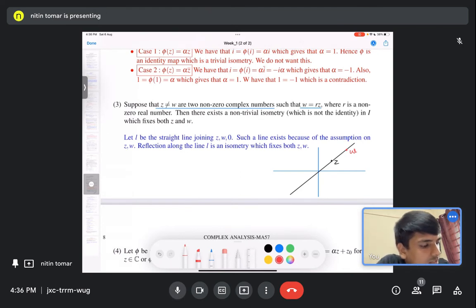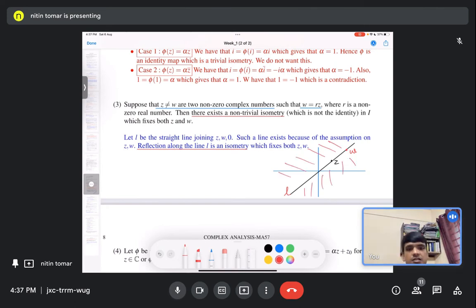Now the question is, does there exist a non-trivial isometry which fixes both z and w? The answer is yes. Let this line be L. You just reflect. Reflection along the line L, we know, is an isometry. Reflection means that you reflect this side to this side.